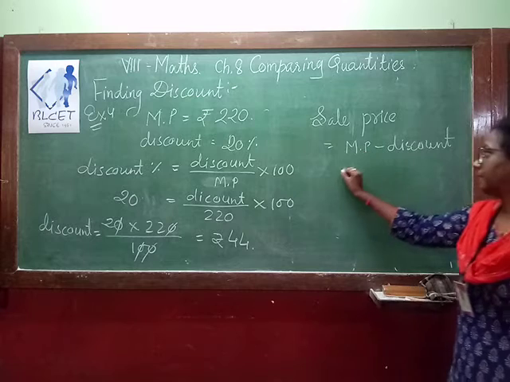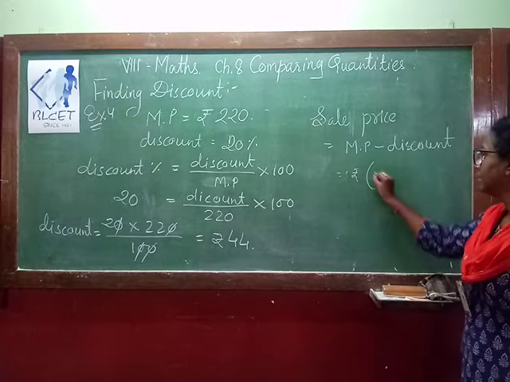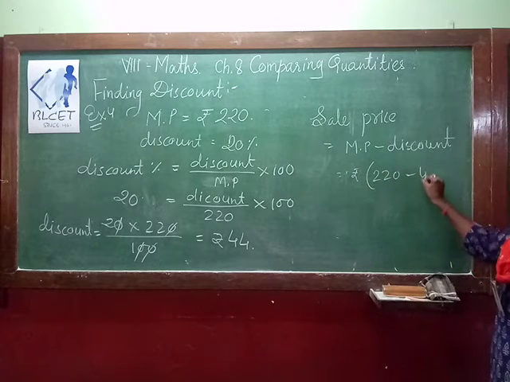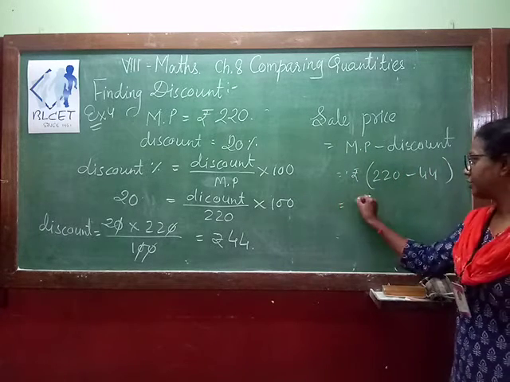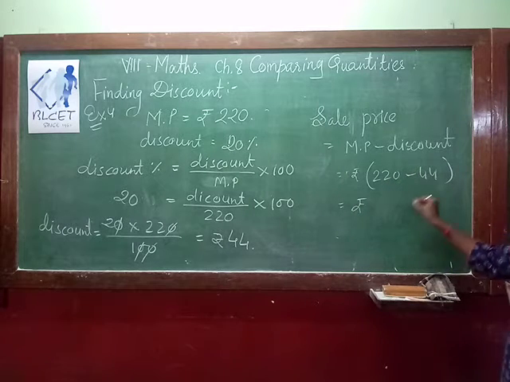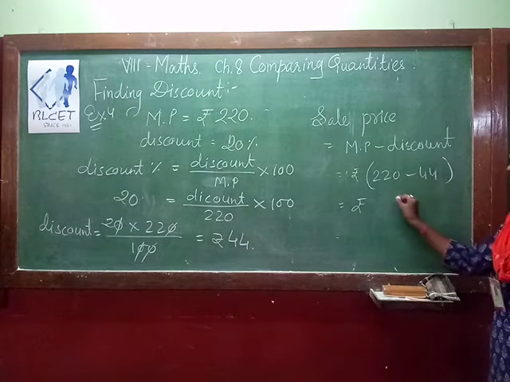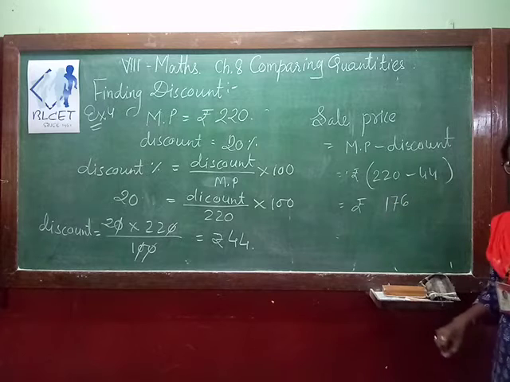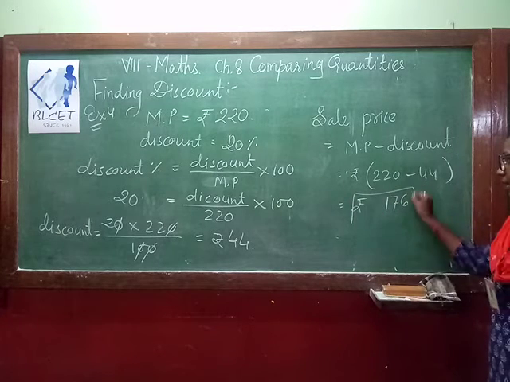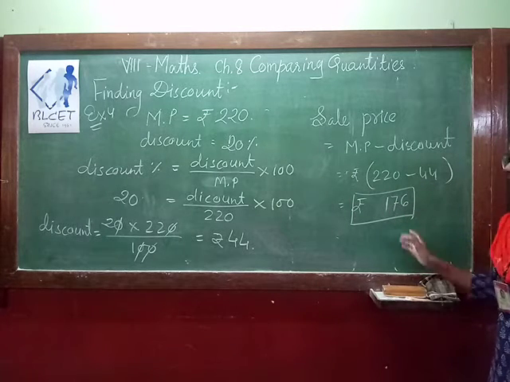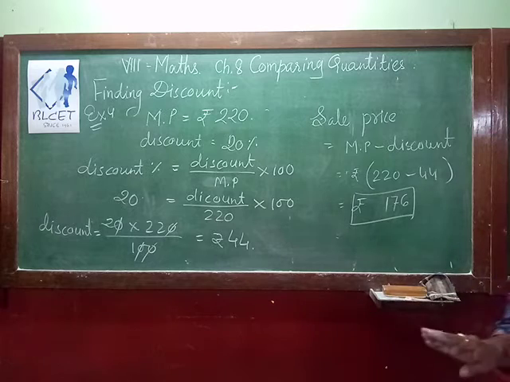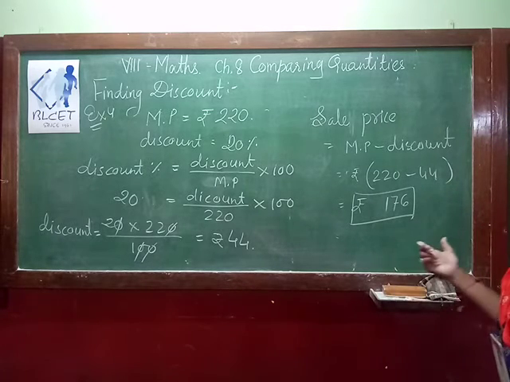So here your mark price is rupees 220 minus 44. So what is the answer? Rupees 10 minus 4 is 6. 11 minus 4 is 7. So what is the answer? Rupees 176 after giving discount of 20%.